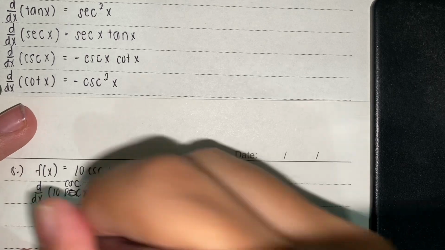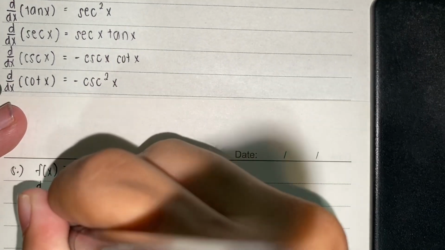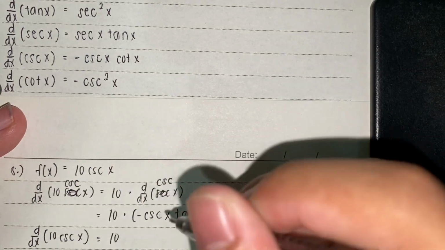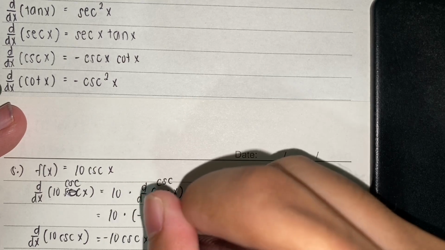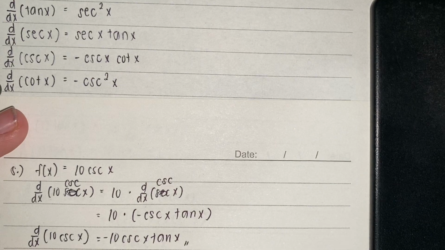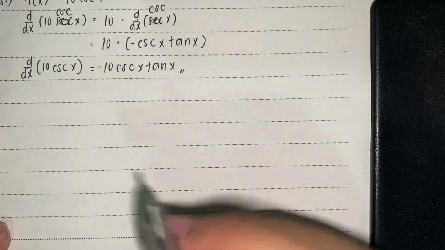Perform the operation. So the derivative of 10 cosecant x is going to be negative 10 cosecant x cotangent x. That's the final answer. Now let's move on to the next example.